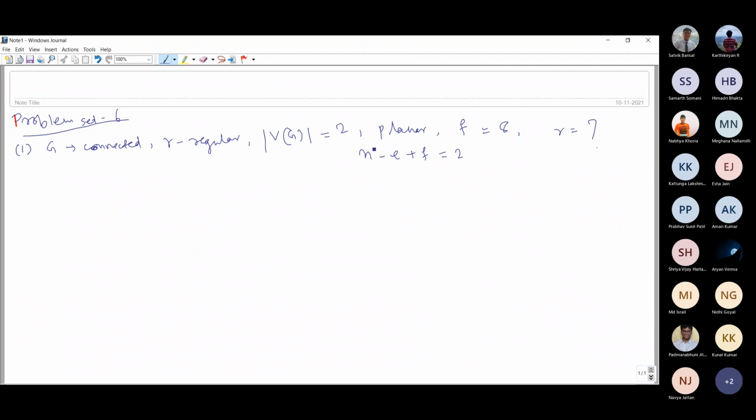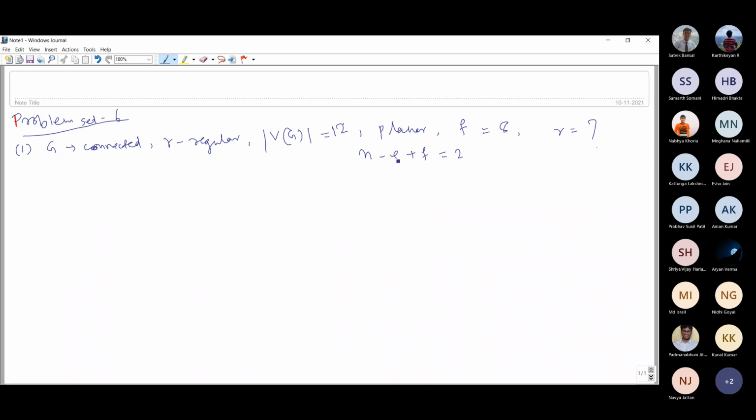Then we can find the value of e from here. n and f are given. n is 12 vertices, and f is 8.